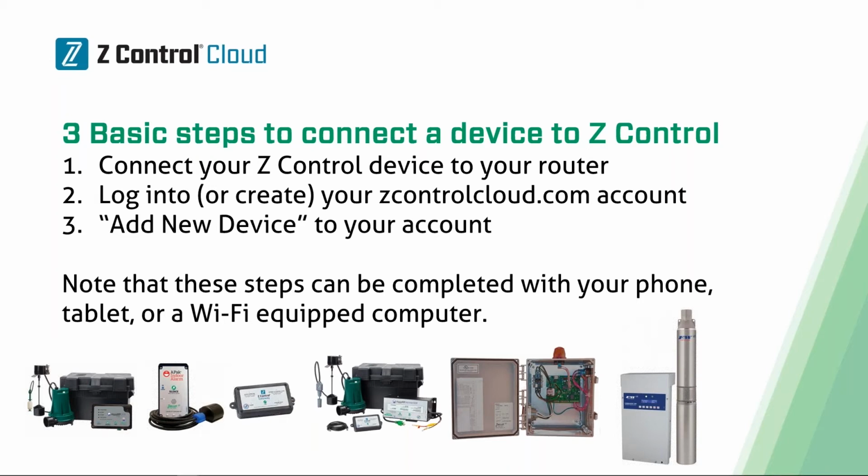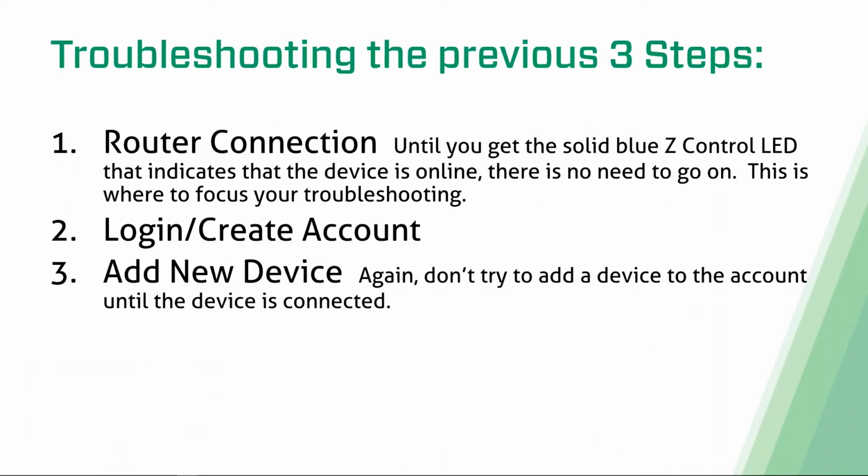Then once in your account, on whatever location you've created, and you can have as many as you want, you're going to add a new device to that location. If you've gone through the steps properly, you now have a tile in your account that represents the device. You can do all three of these steps with your phone, your tablet, or a Wi-Fi equipped computer. So we're going to troubleshoot those three steps.